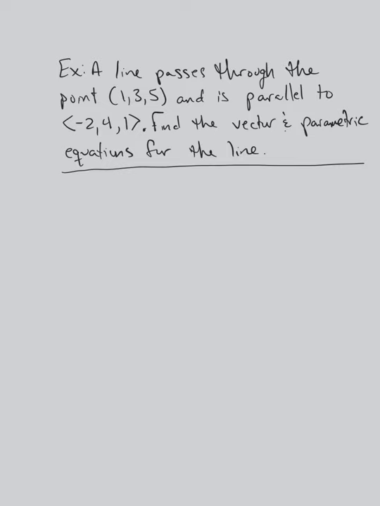The key thing, by the time you get to a test or out there in practice, is that we're finding the equations for a line in space. Hopefully you can get to the point where you know what you need: a point and a parallel vector. Notice we're given both of them here.